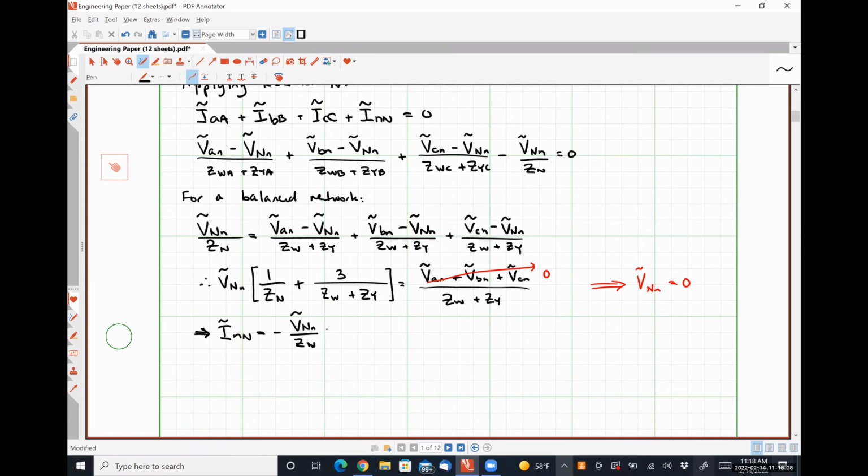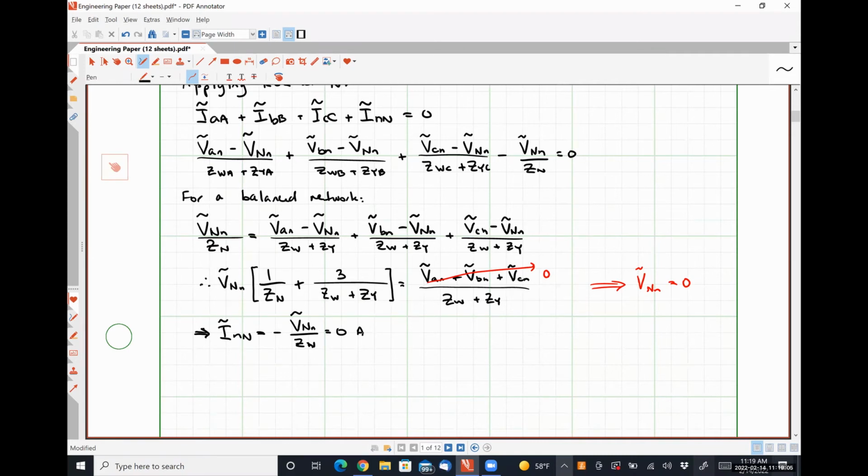Sorry, that should be uppercase, which is 0 amps. Which means in a balanced three-phase system, there is no current flowing through my neutral conductor, regardless of what its impedance is. So if it's a short circuit, there's no current. If it's an open circuit, there's no current, and any impedance in between, there is also no current, which is why the neutral conductor is optional.